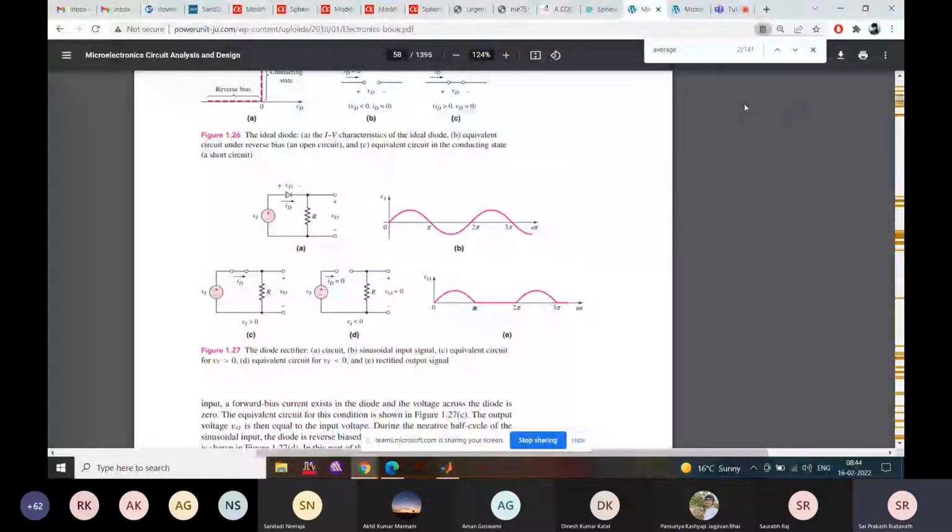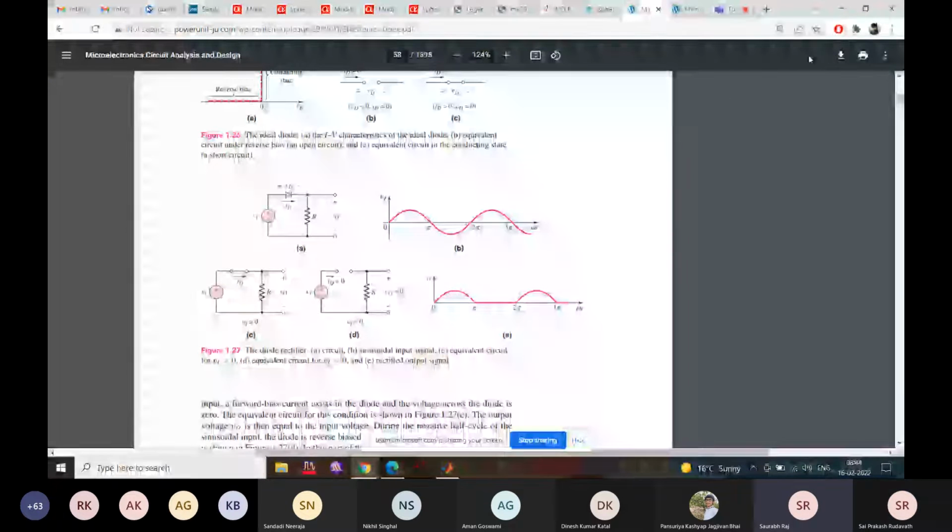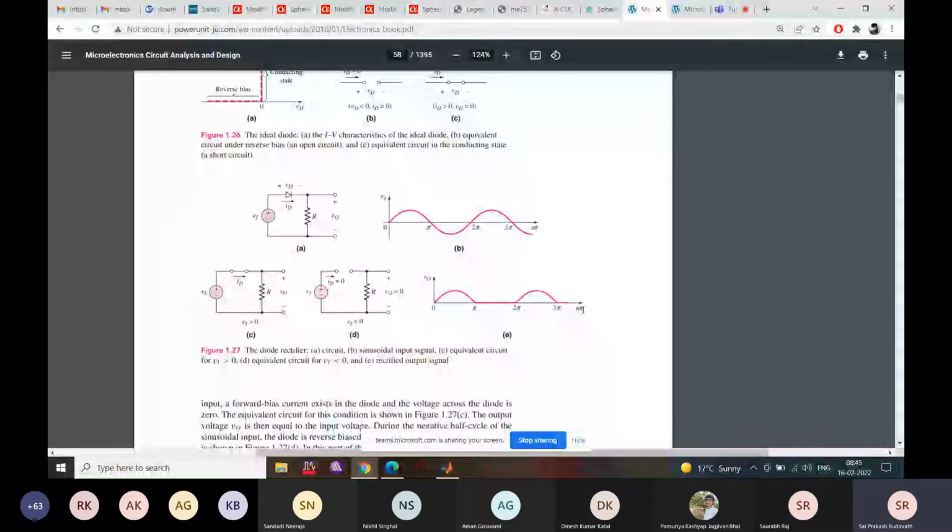We are taking omega t values in radians, not with respect to frequency. It will be taken with respect to omega t, basically time, right?